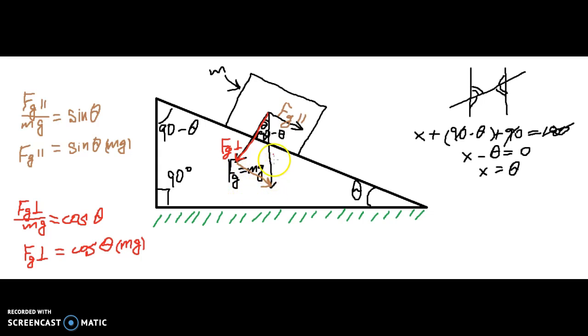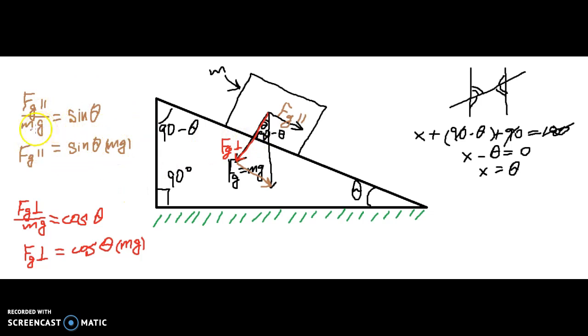So we take this parallel vector of force of gravity divided by mg, and it would be equal to the sine of theta. Out of that equation, if we multiply both sides by mg, we will find that the vector of force of gravity parallel to the inclined plane surface would be equal to sine of theta times mg.